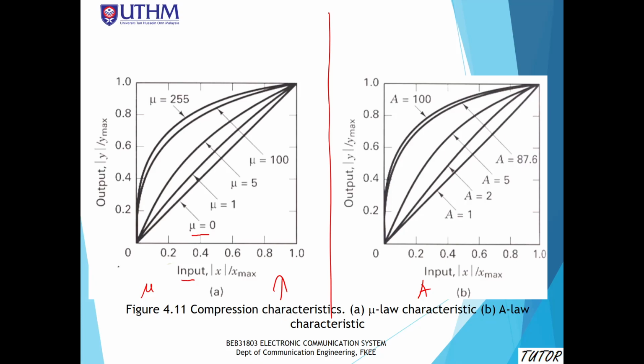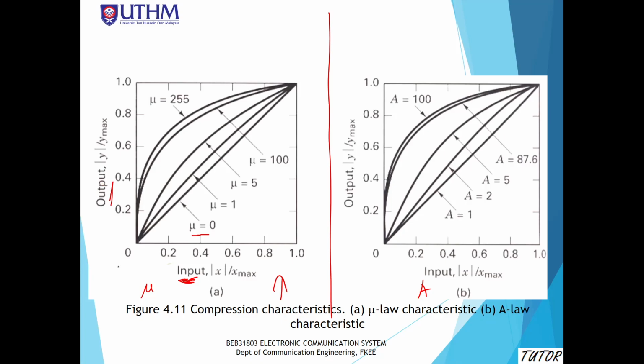Both input and output are represented as the value divided by the maximum value, so it is from 0 until 1, similar for the output, 0 until 1. Why is it like that? Because we divide the value by the maximum value. The input is the input signal, and the output is the output from the compressor.